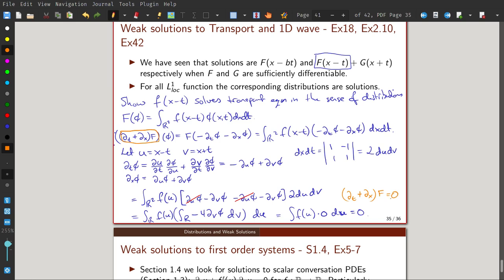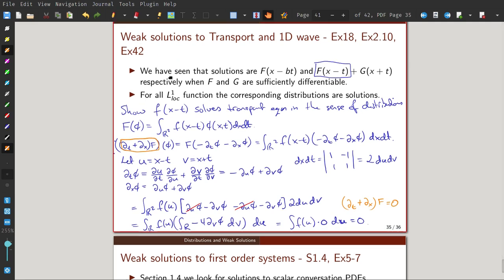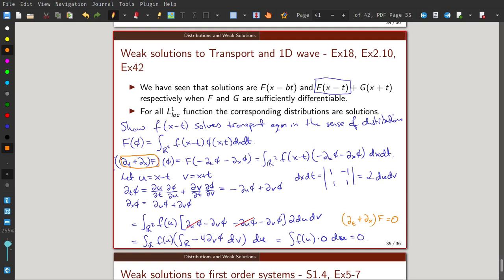So the distribution corresponding to this function f, even not assuming this function is differentiable, still solves the transport equation.